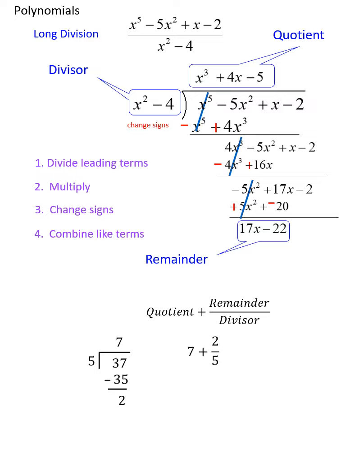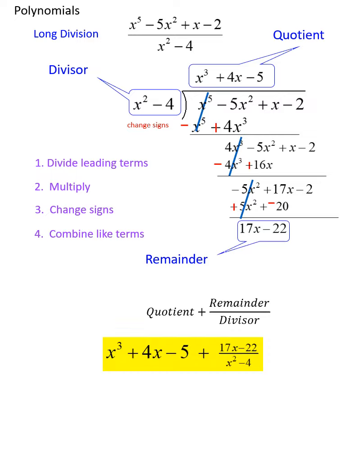And that should serve as a reminder that this format, this quotient plus remainder over divisor format, really isn't anything new. Moving on, now that I know the quotient, remainder, and divisor, I simply plug those into the format, and that is the answer to your division problem.